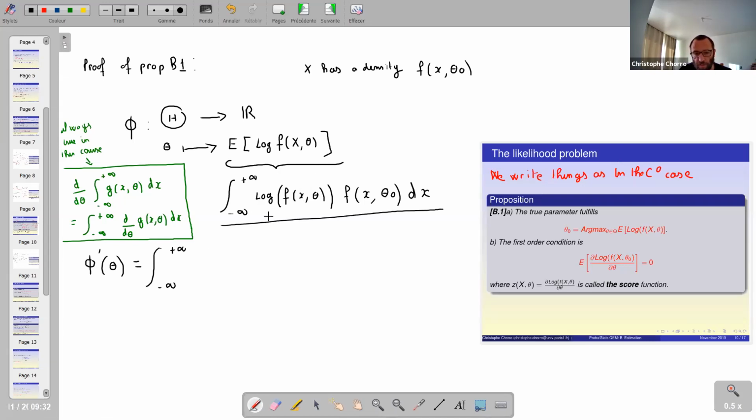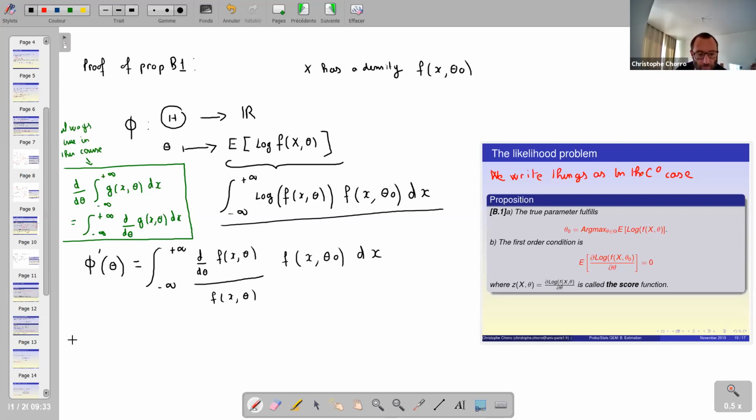The derivative with respect to theta of this quantity here will be the integral of the derivative with respect to theta of f(x, theta), divided by f(x, theta), times f(x, theta 0) dx. So you have here the derivative of phi with respect to theta.